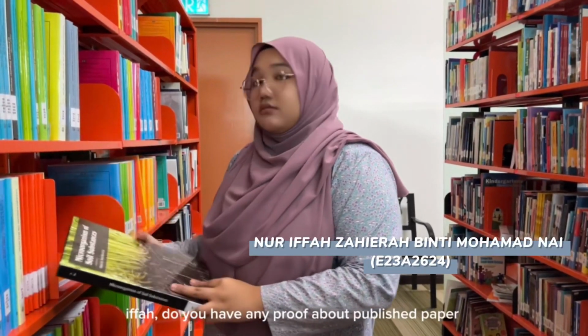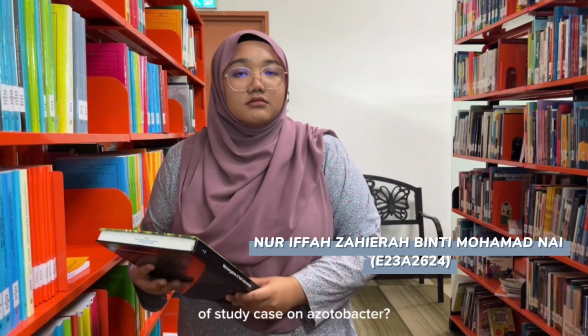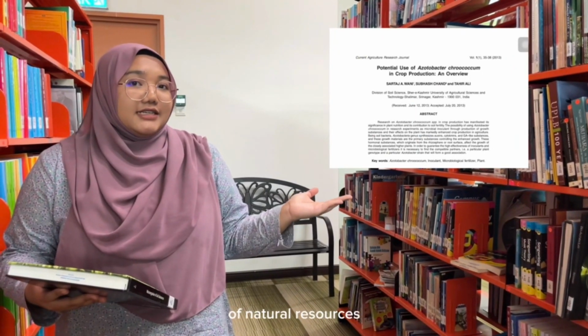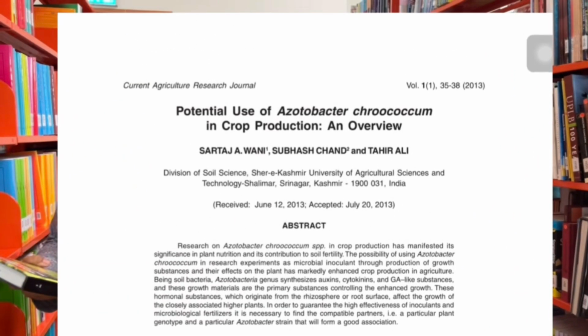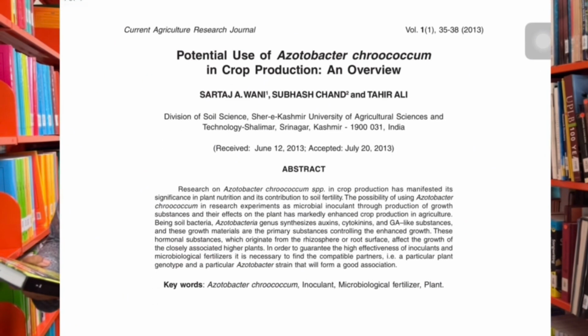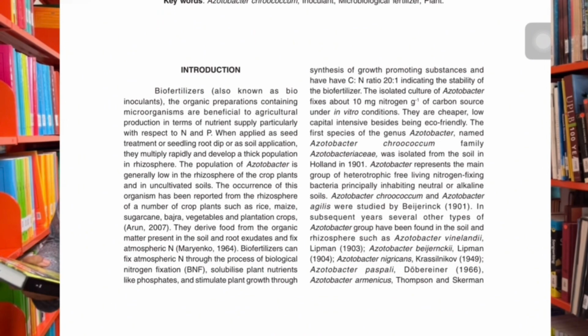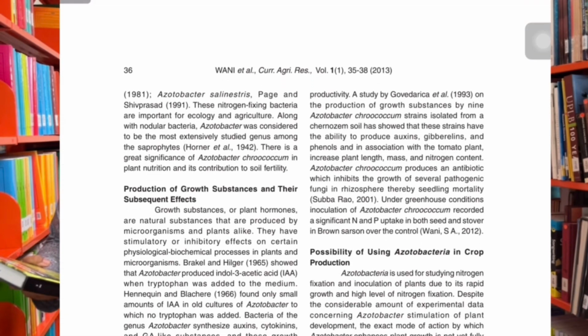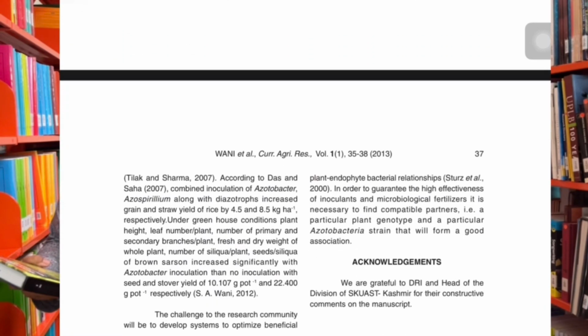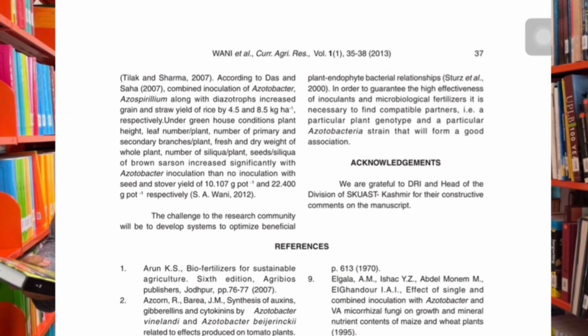Ifa, do you have any proof, any published paper or case study on Azotobacter? Of course, here is an example of a case study on the application in natural resources. This article about the potential use of Azotobacter chroococcum in crop production was published in 2013 by researchers from the University of Agricultural Science and Technology in India.